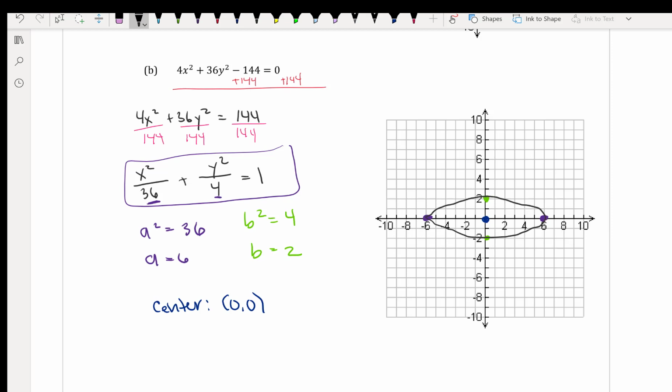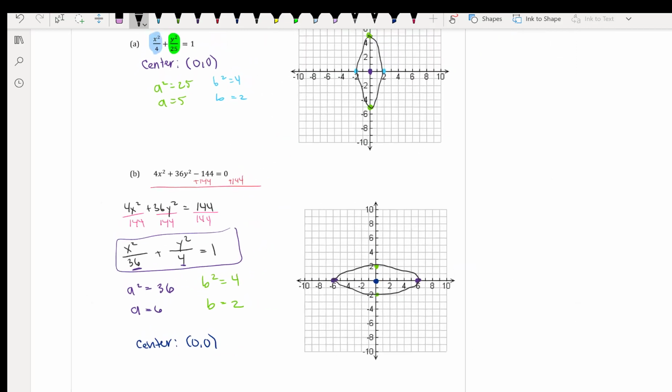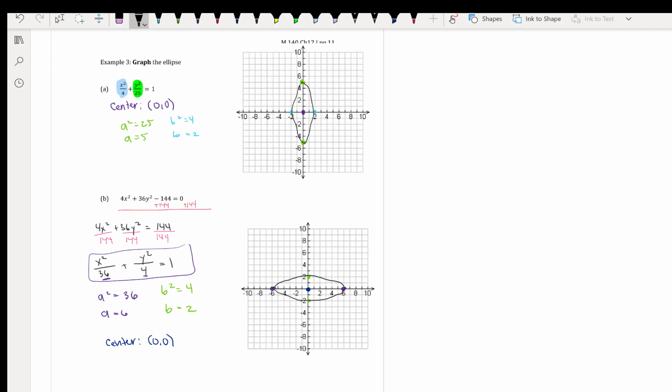So that's going to be the shape of that ellipse. Okay? So it really just kind of depends on what your denominators are for your x squared and your y squared to see how it's going to get stretched out. So that is how you can tell the difference between the ellipses here.